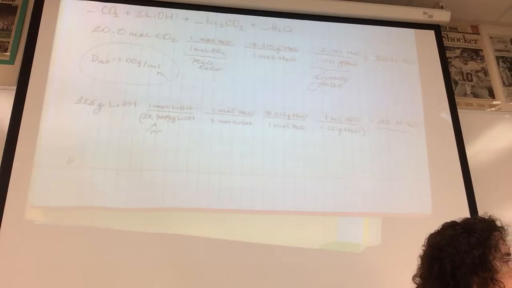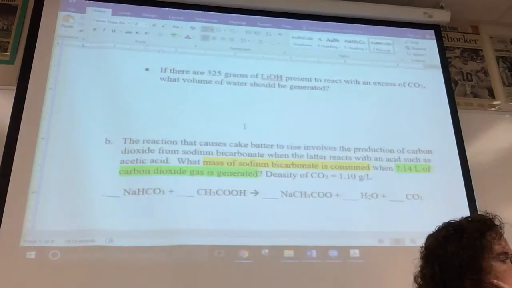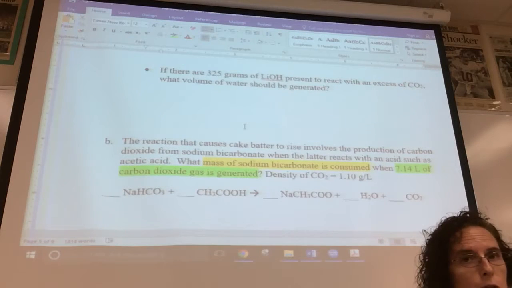The last problem says the reaction that causes cake batter to rise involves the production of carbon dioxide from sodium bicarbonate when the latter reacts with an acid such as acetic acid. What mass of sodium bicarbonate is consumed?